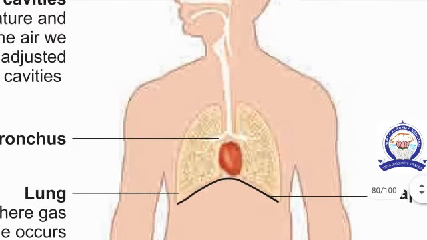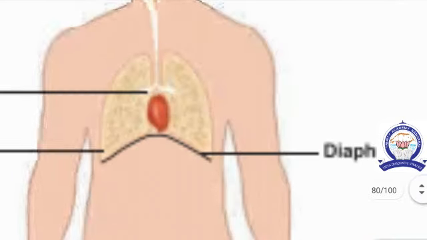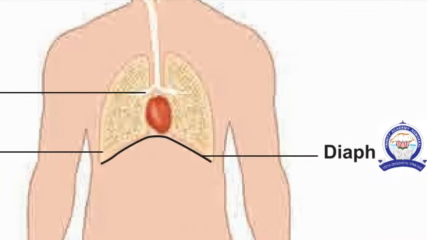Next, the structure of lungs. The lungs are located in the chest cavity. They are covered by a double wall membrane known as pleura.